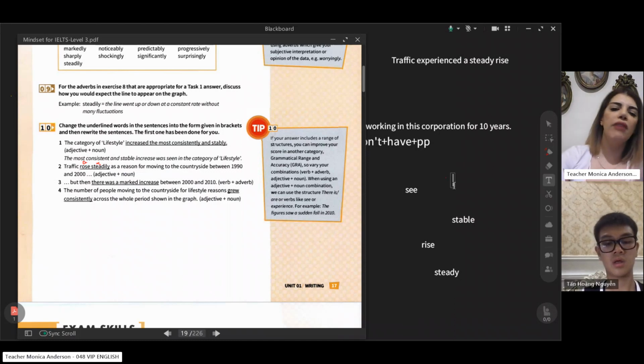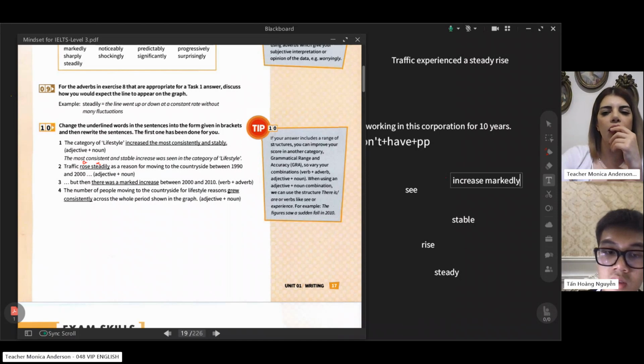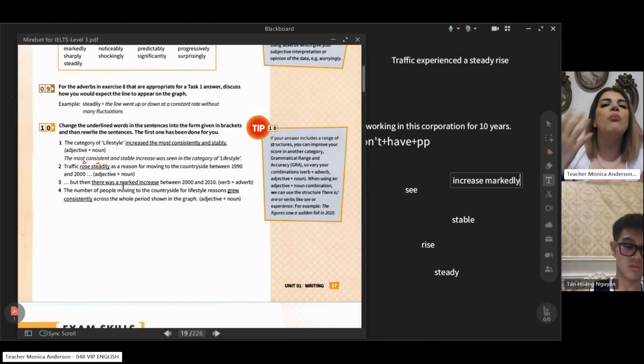So the verb is increase, so they're the same, and marked becomes markedly. But then increased markedly. As you can see, this is past, so we need to change increase to increased. So, but then increased markedly between 2000 and 2010.